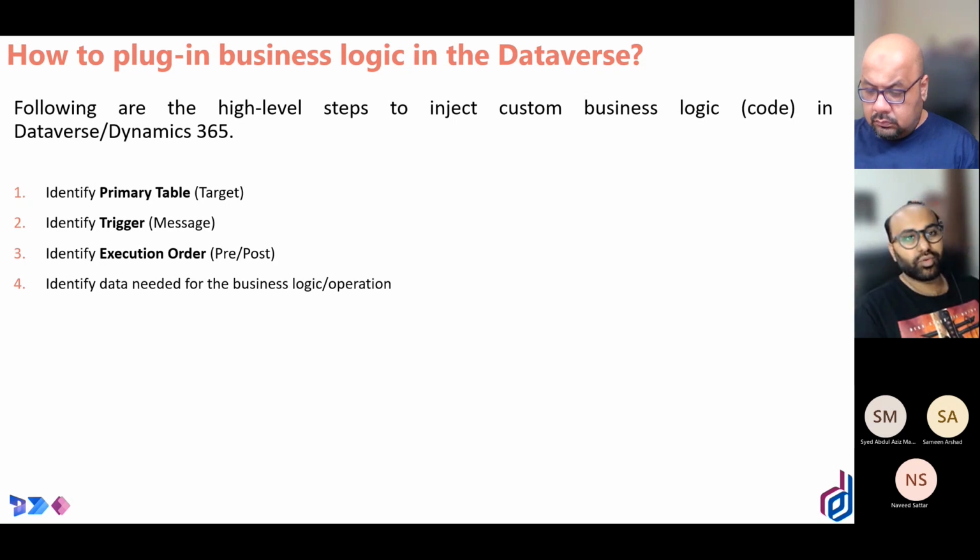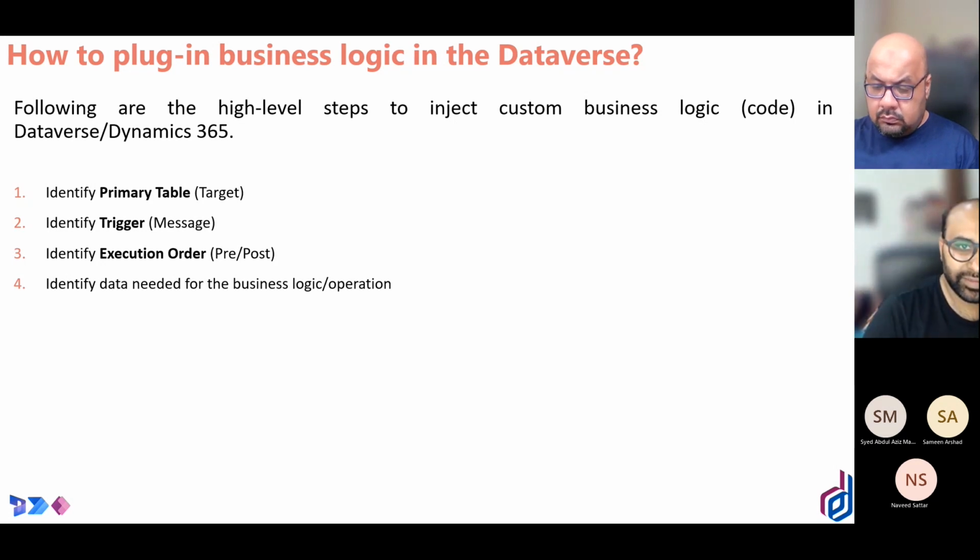Okay. Now, how can we plug our logic into Dataverse or Dynamics 365? First of all, very simple. You have a scenario. Based on the scenario, you need to identify the primary table. Second step, table or entity, it's the same thing. Then identify what the trigger is. We call it here a message. Message means trigger, like create, update, delete.